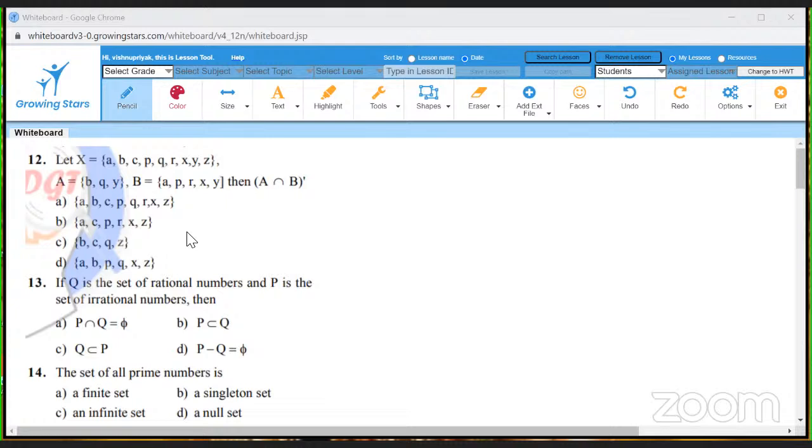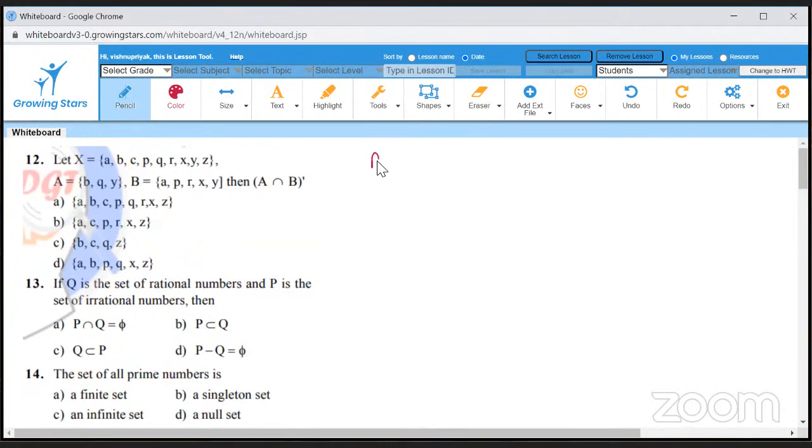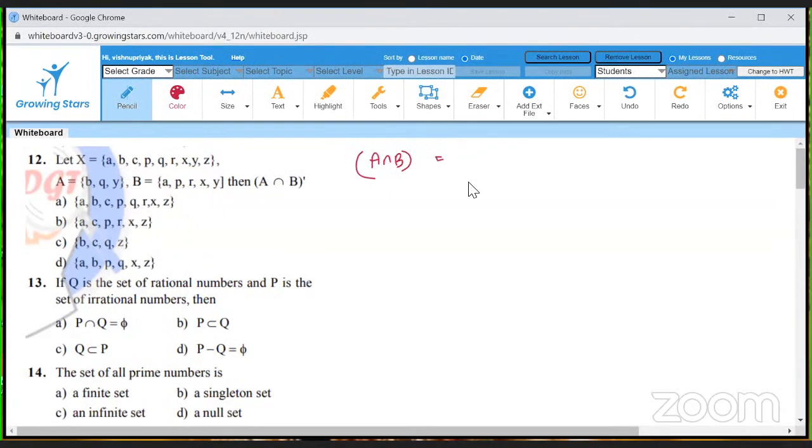That is correct. Those who did not get: A intersection B is common.